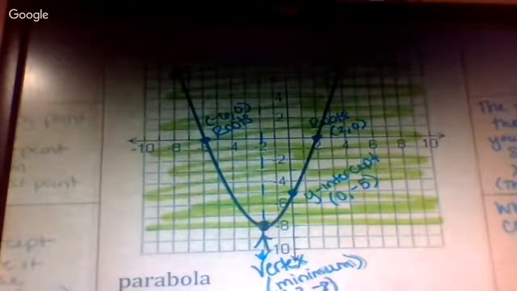If they ever ask you for the domain of a quadratic, unless there are restrictions, your domain is x equals all real numbers. Your quadratics will never stop going to the left or to the right. So your domain will always be all real numbers.